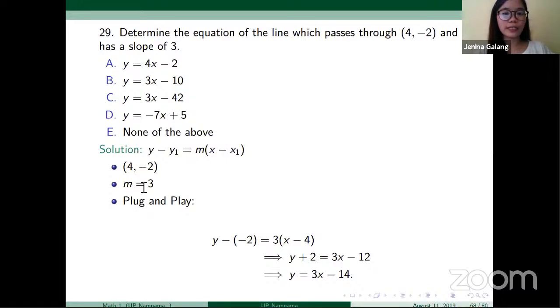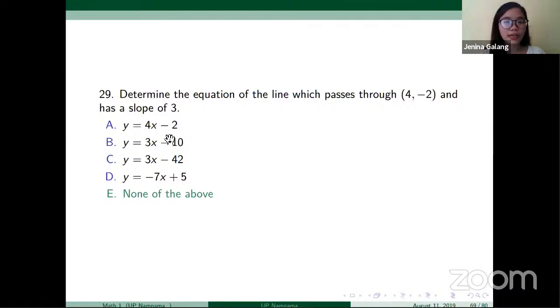And yung slope natin is 3. So, plug and play lang. We have y minus negative 2 equals 3 times x minus 4. So, we have y plus 2 equals 3x minus 12. So, y equals 3x minus 14. So, wala siya sa choices natin. So, ang sagot dito is letter E.